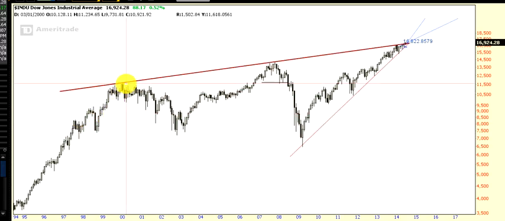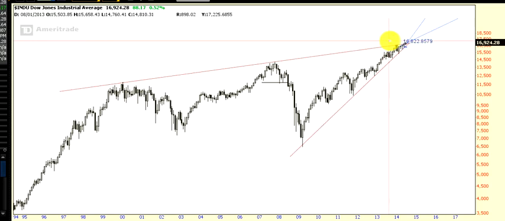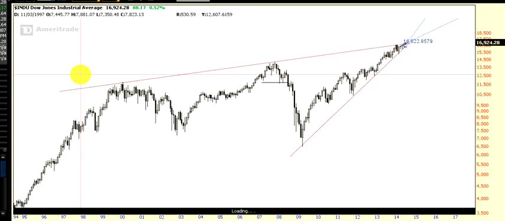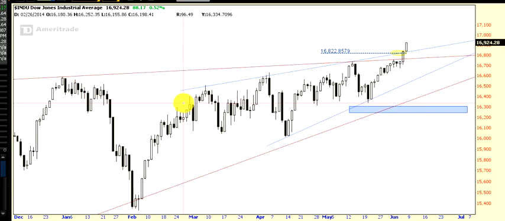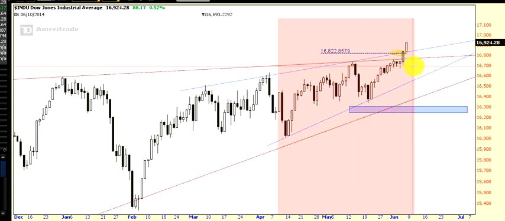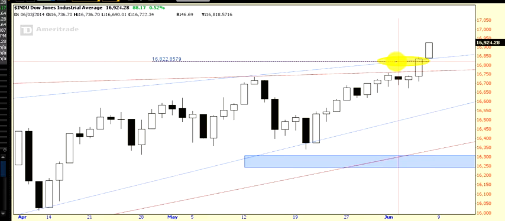See, here's the 2000 high right here, and here's the 2007 high, and then here we are at these highs. Let me go back to the closer one. We had this little oval on the chart last time we talked, and it's actually gone above that. So this throwover has been pretty strong.